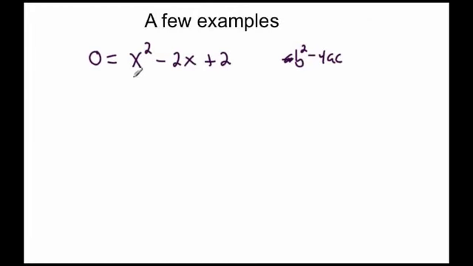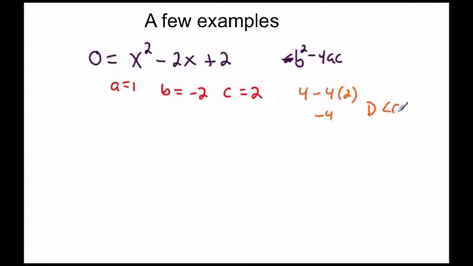And if we check, in this case, a is equal to 1, b is equal to negative 2, and c is equal to 2. And when we substitute in those values, we'll see that we end up with 4 minus 4 times 2, or 4 minus 8, negative 4.